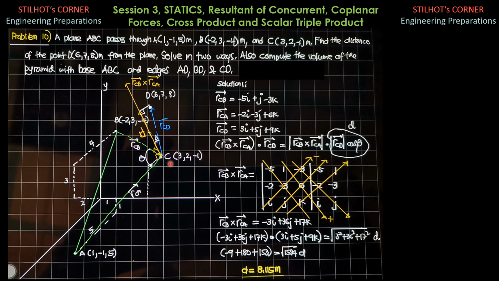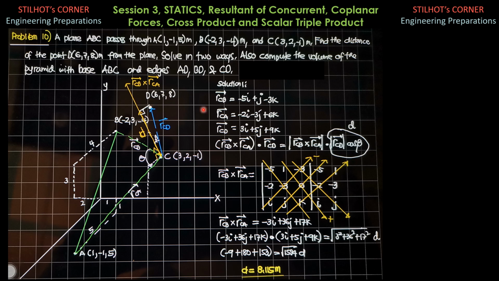Then for rCD, we have 6 minus 3, 3i, 7 minus 2, 5j, 8 minus -1, so positive 9k.